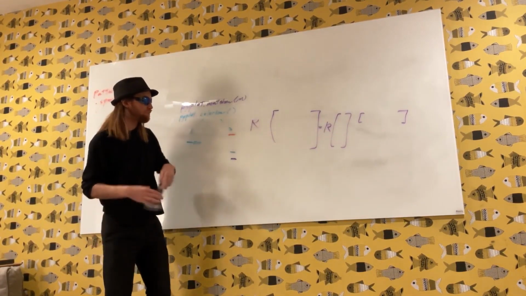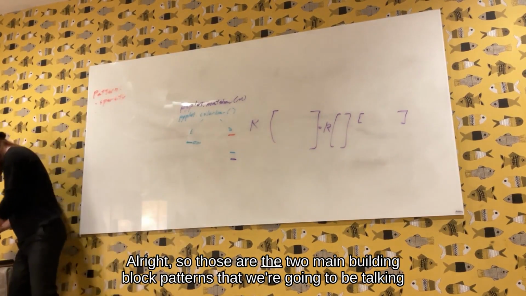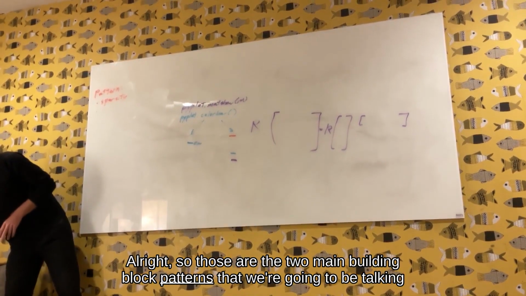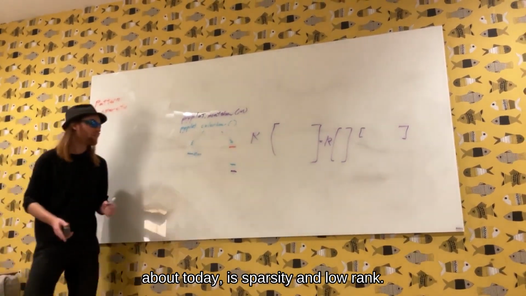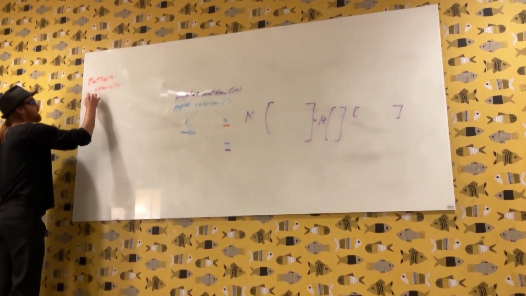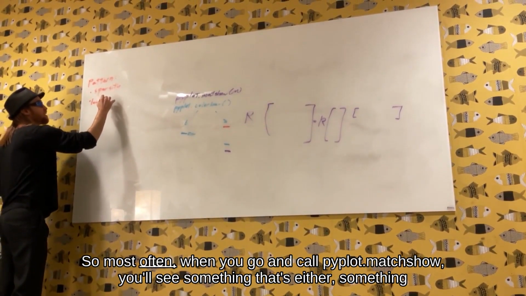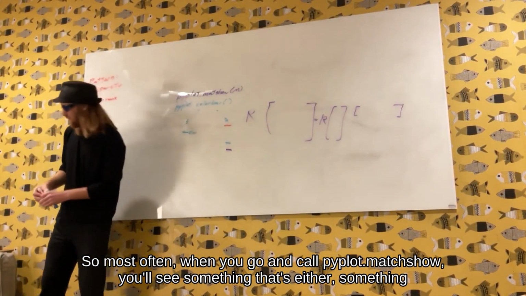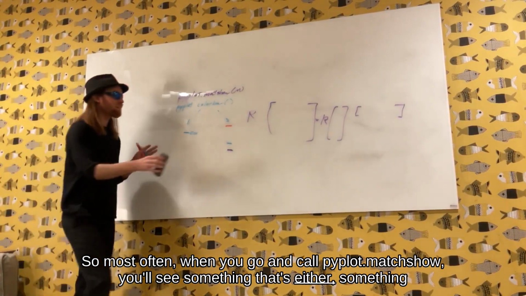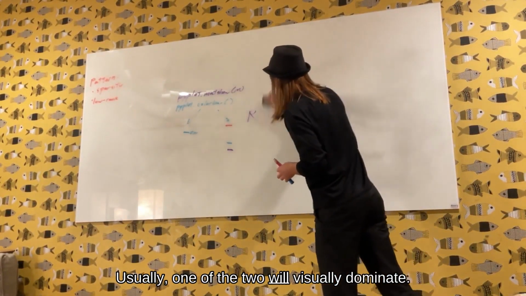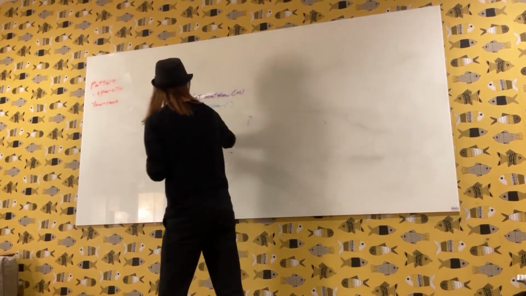Okay. All right. So those are the two main building block patterns that we're going to be talking about today: sparsity and low rank. Most often when you call pyplot.matshow, you'll see something that's a combination of the two, and usually one of the two will visually dominate.